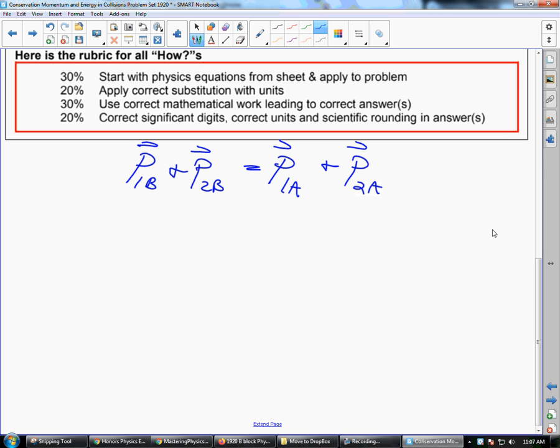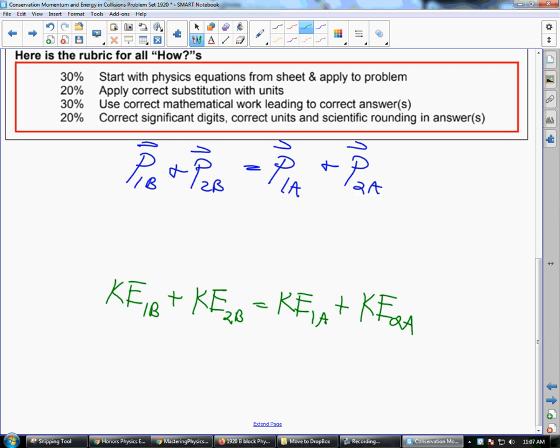And then because it's elastic, I know that kinetic energy 1 before plus kinetic energy 2 before equals kinetic energy 1 after plus kinetic energy 2 after. Remember, no vector signs on kinetic energy because it's a scalar. So the direction matters on the blue, on the momentum, but not on the green.